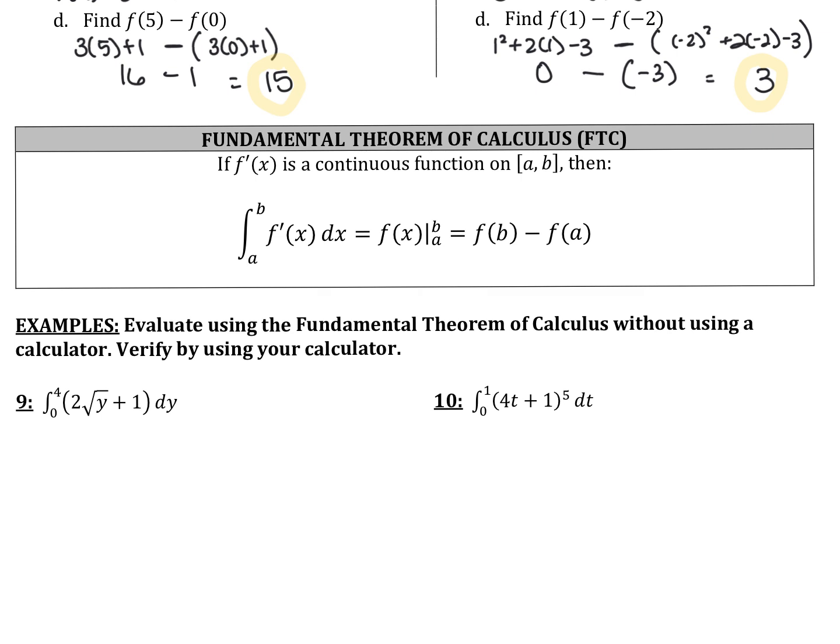If f prime of x is a continuous function on the interval from a to b, then if I take the integral over that interval of f prime of x dx, that means I'm taking the function f of x, that's the antiderivative of f prime of x, remember, and I'm evaluating it at the lower bound of a and the upper bound of b.